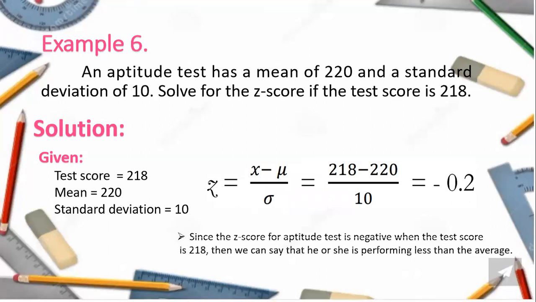A negative value indicates that the score of the student is lower than the average. So since the Z-score for the aptitude test is negative when the test score is 218, we can say that the student is performing less than the average.